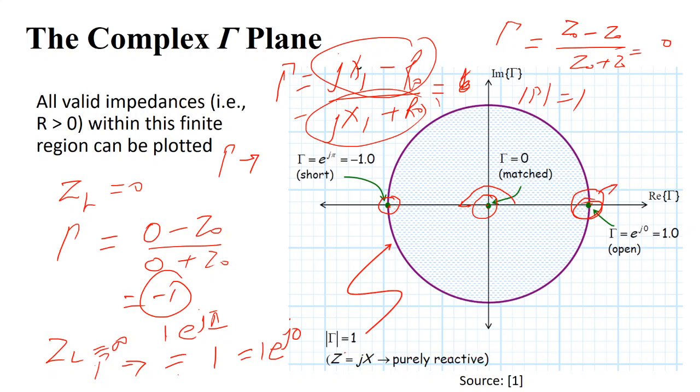So for reactive loads, Z is mapped on the reflection coefficient graph to this circle. So any point on this circle means that your impedance is reactive. There is no resistive component here. This is called purely reactive.